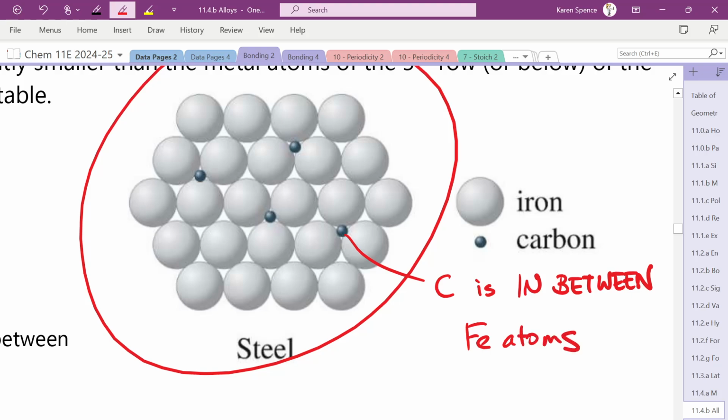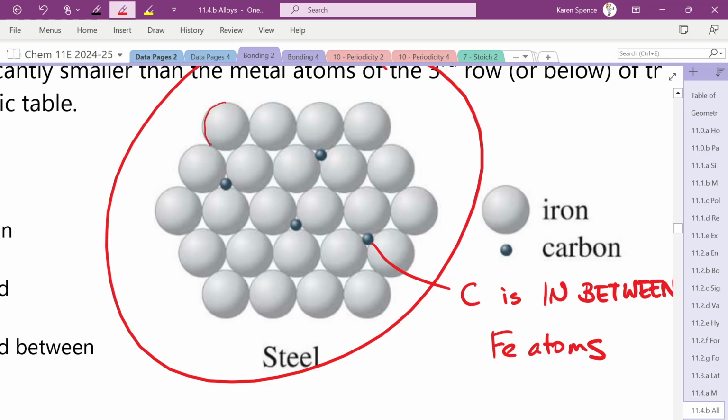What do you think this would do to the hardness of iron? It strengthens it. So if you imagine you're hitting it with a hammer, okay? If you just have these, they slide across each other quite nicely. There's a little bit of bumpiness, so they bump along, yeah? But if you put in something extra, it's like an extra speed bump. So if you're hitting it with a hammer, it's got to get over that little extra bump. Yeah?